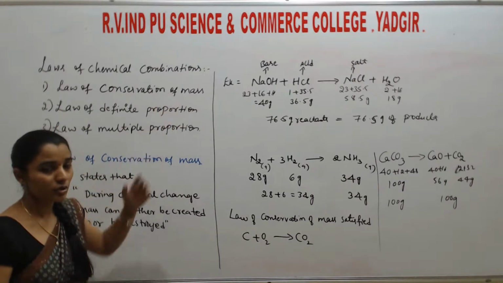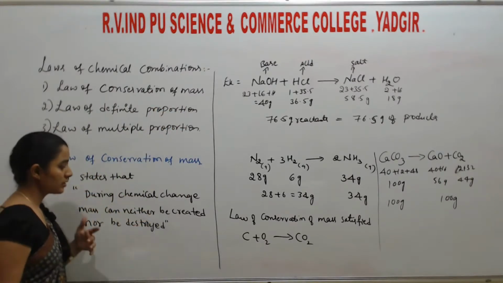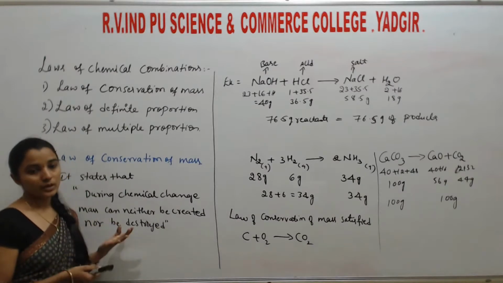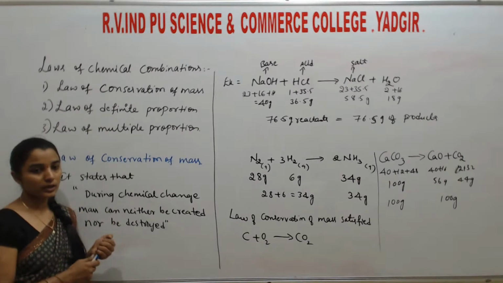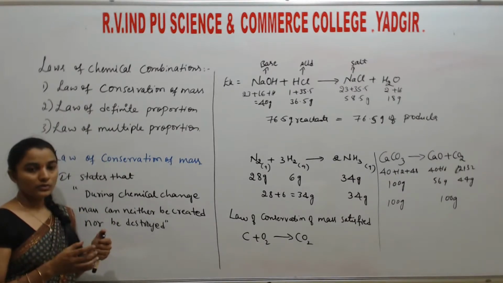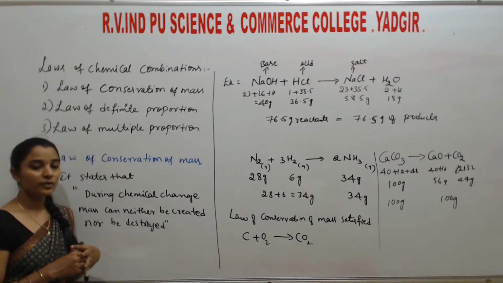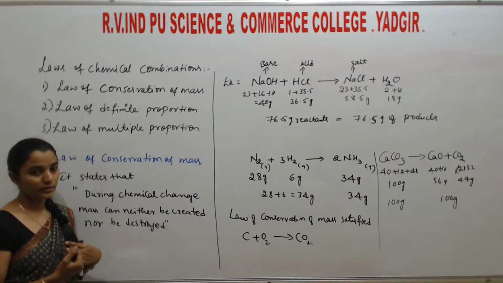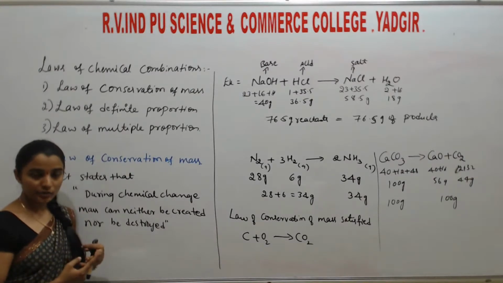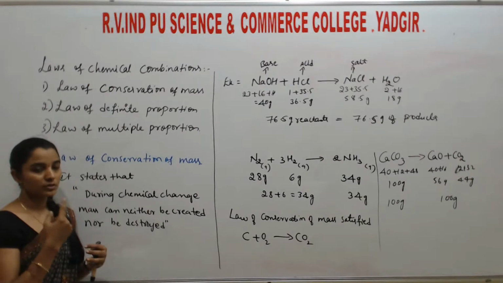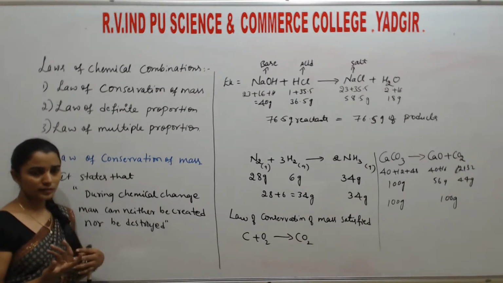You know that there is also the law of conservation of energy. That means energy can neither be created nor be destroyed. For example, for the light we use in our home, we supply electrical energy. That electrical energy comes from hydropower plants, so water energy changes to electrical energy. That electrical energy changes to light energy, and that light energy then passes into some other energy.